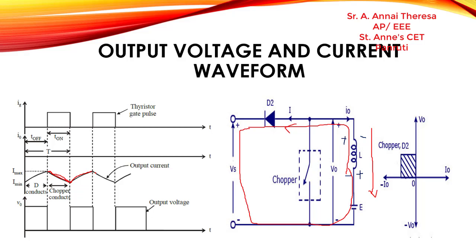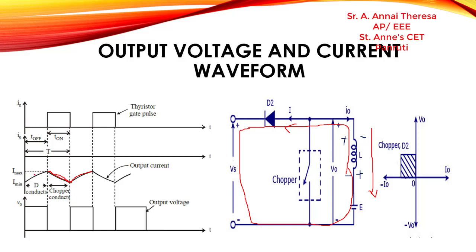Then when the switch is on, what will happen? The current is charging from positive to negative. There is no output voltage, so it goes on like this. In the previous part also, this is the off period.